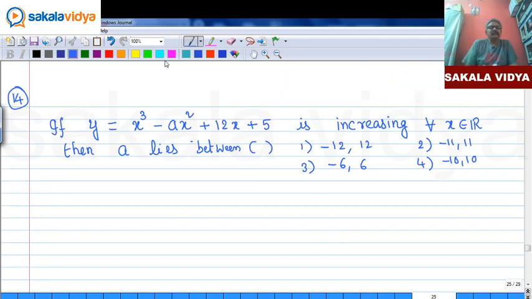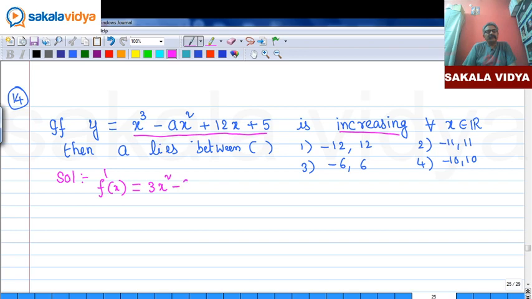Okay. So, now y equals x cube minus ax square plus 12x plus 5 is increasing for all x belongs to R. For every value of x it is always increasing, then we need to find the value of a. That means for all x belongs to R, f dash x is greater than 0. So, now the solution. Let us find f dash x. Y dash or f dash, both are same: 3x square minus 6ax plus 12.